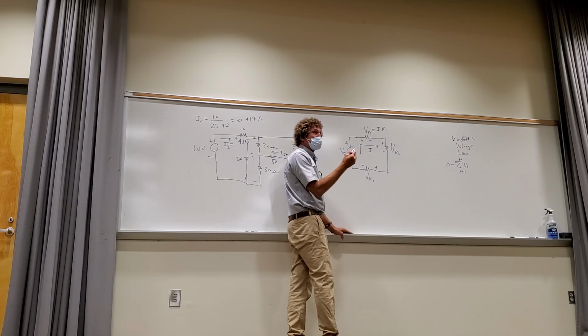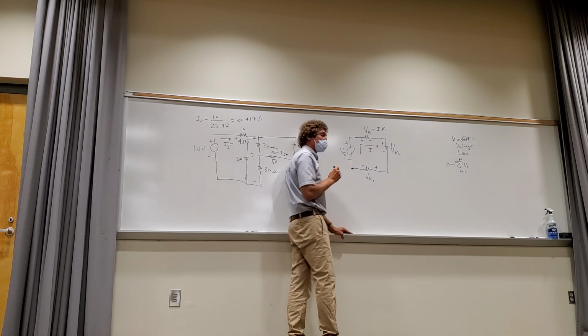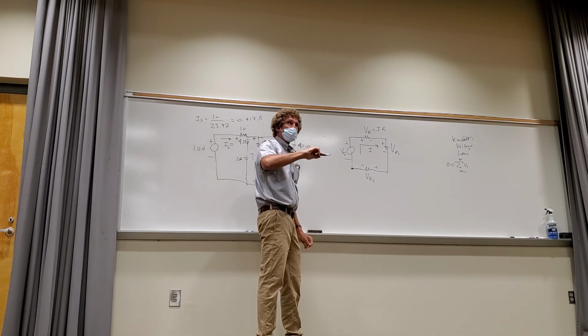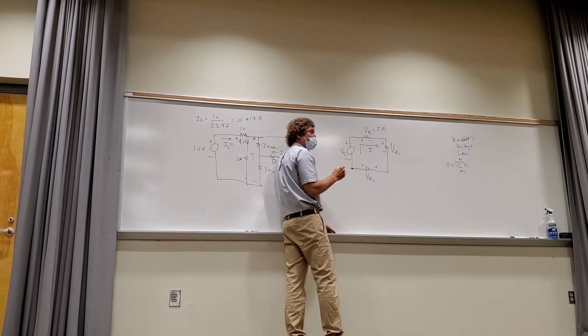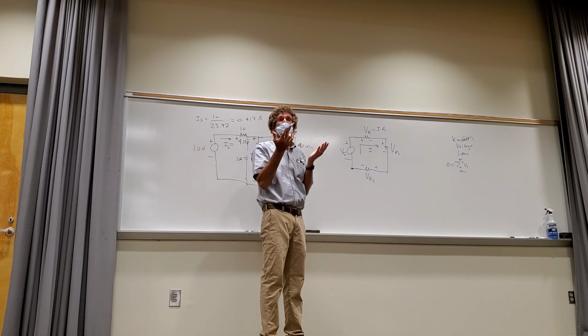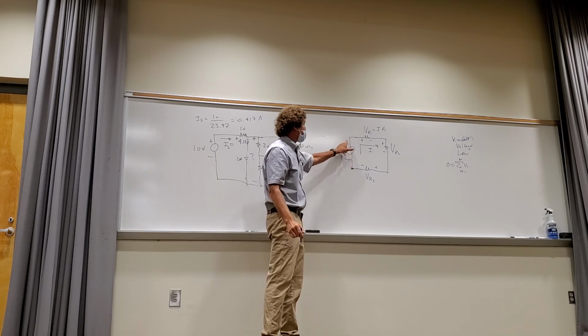You start at any point in the circuit. Usually I start at the lower left-hand corner, right there. Then I move clockwise, and every time I go from a negative to a positive, that's a voltage increase. Y'all follow me? Whatever was on this side became greater by that value, Vs, with a plus sign.